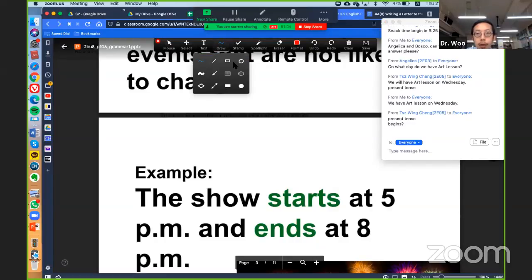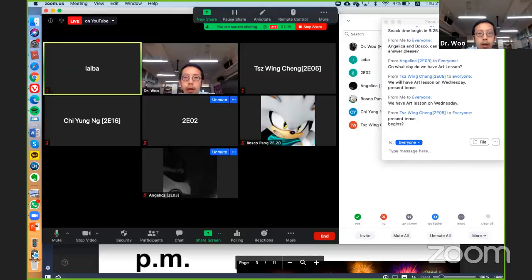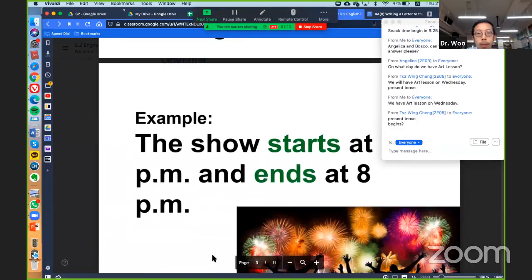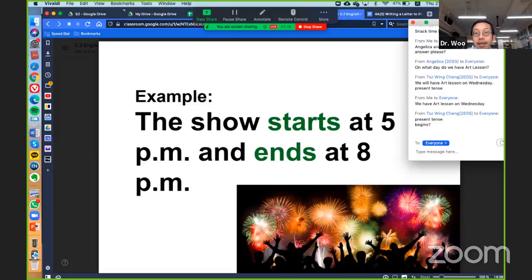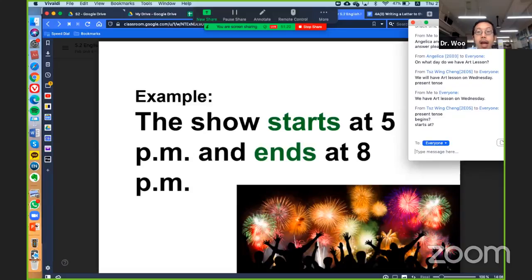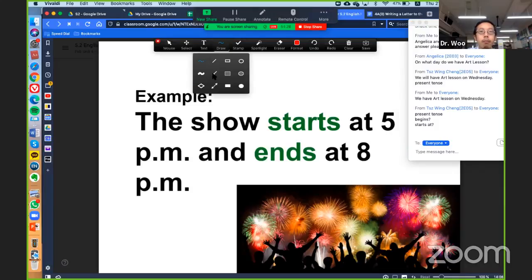There's something else. Take a look at this clause or this example here. The show starts at 5 p.m. and ends at 8 p.m. Yes, now you're starting to get it. So, two things, actually several things.